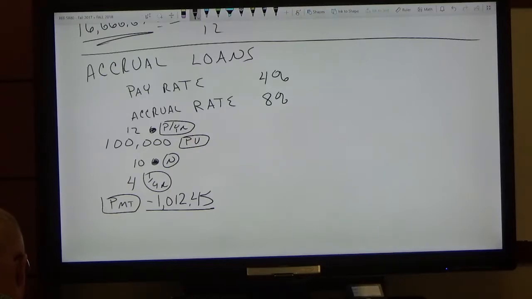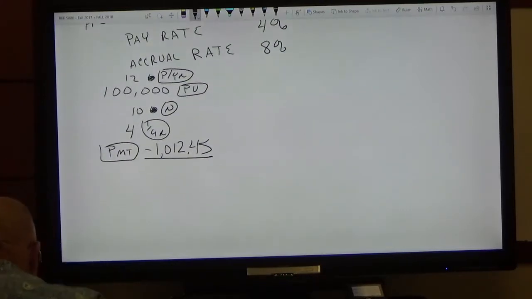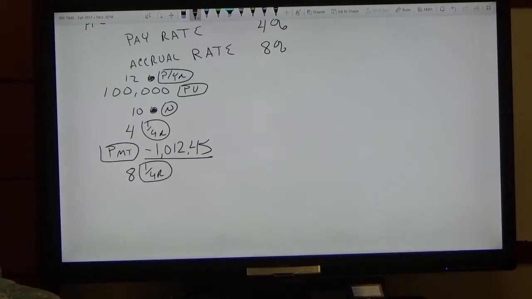Now, this next part is mission critical that you do it correctly. Now what you're going to do is put in 8% as the interest rate. But, and this is a big but, what you do next is critically important.